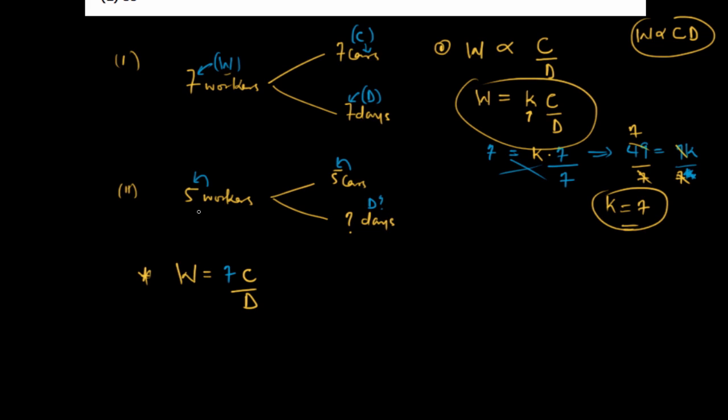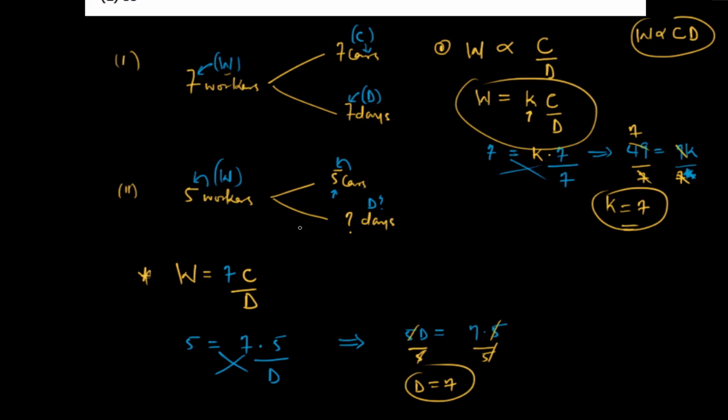That is what we want to find. Since W is 5, we have 5 equals 7 times C, where C is 5, divided by D. Again we cross multiply, so we have 5D equals 7 times 5. To find D, I divide both sides by 5, so this cancels and D is equal to 7.